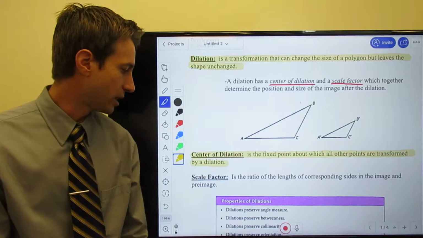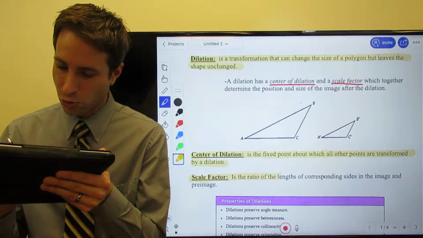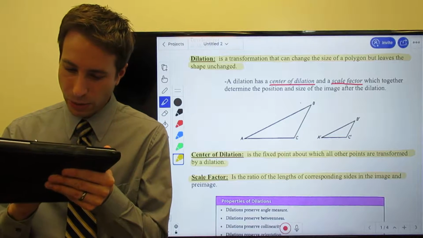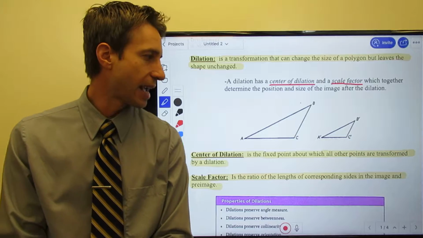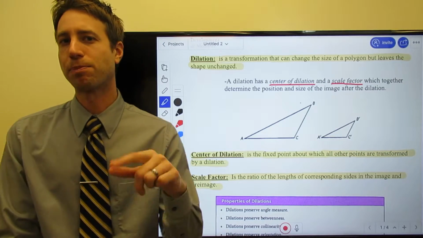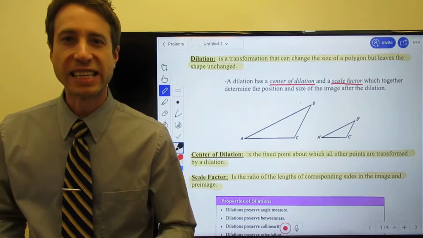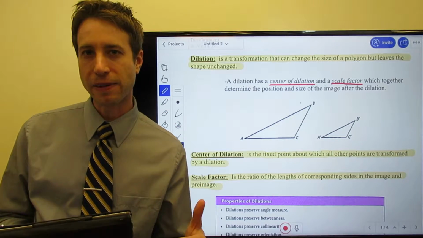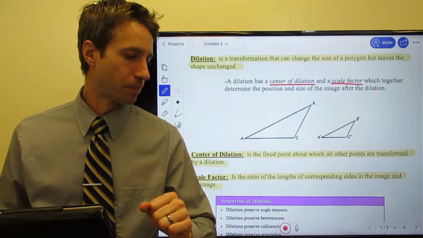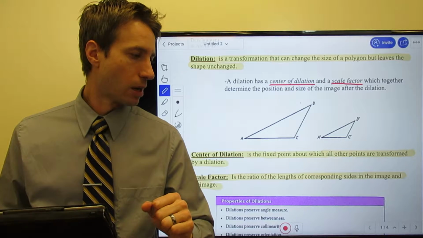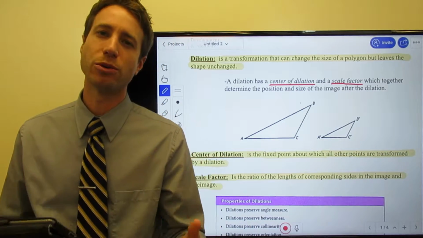And then another thing that you need to know is this idea of a scale factor. The scale factor is the ratio that will give you the lengths of the corresponding sides of the image and the pre-image. Okay, so let's park here and talk about scale factor for just a minute. First, the scale factor is always going to be given a symbol.